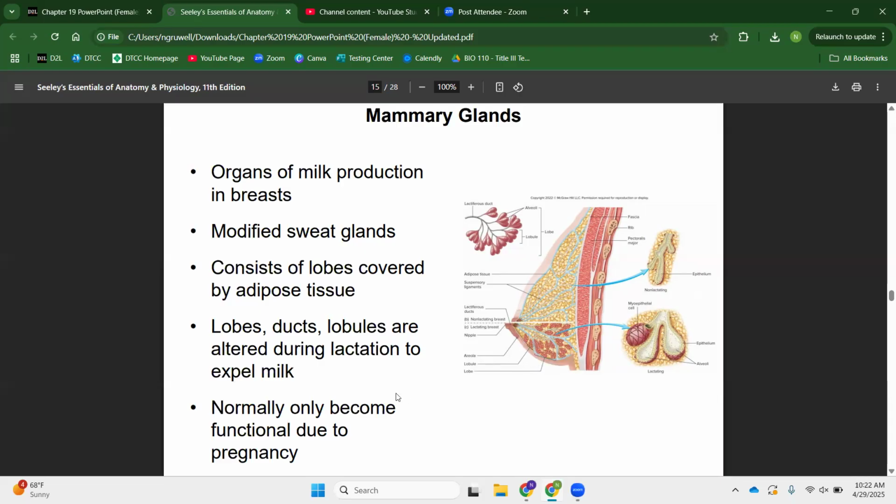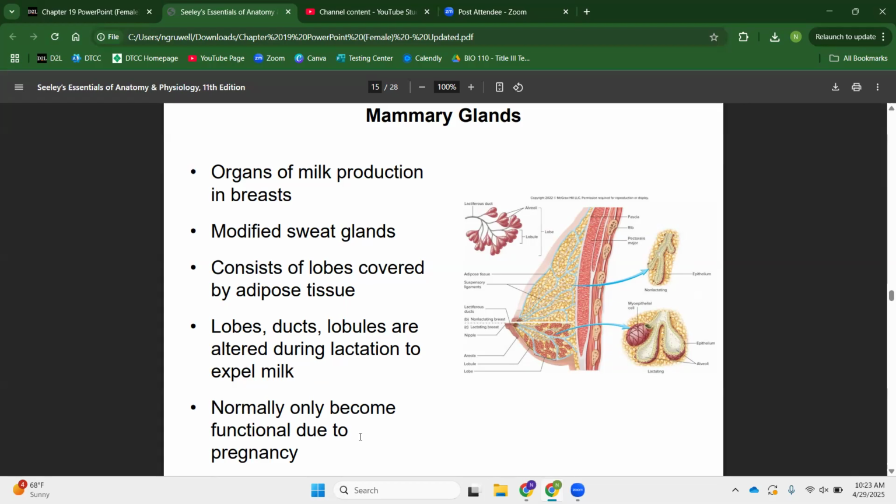And so these lobes have ducts and lobules that are going to go through a process of alteration so that they can actually produce milk during lactation, when a female is pregnant and needs to produce that milk. So we call that process lactation. And like we said, they're normally only functional due to pregnancy and the hormone changes that occur.